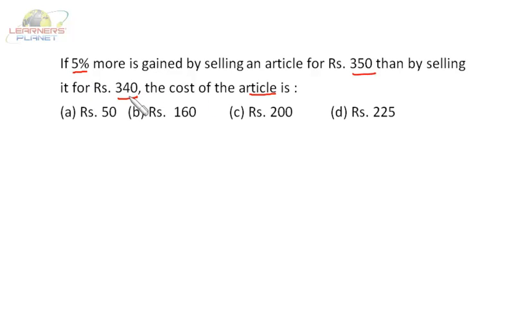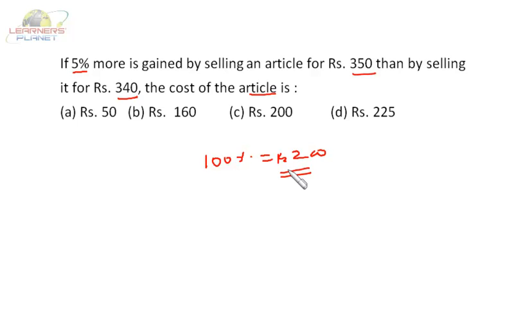So the difference between these selling prices, that is 10 rupees, is equivalent to 5%. So this 5% is equivalent to this 10 rupees. That means 100% is 200 rupees. I hope you are clear.